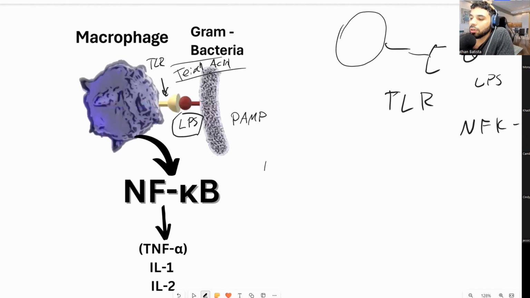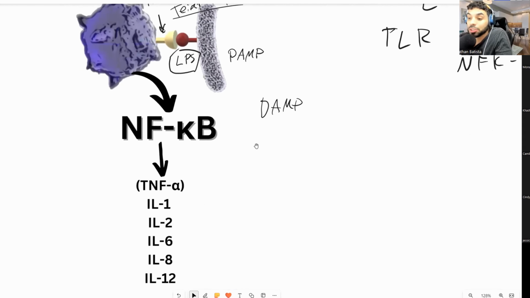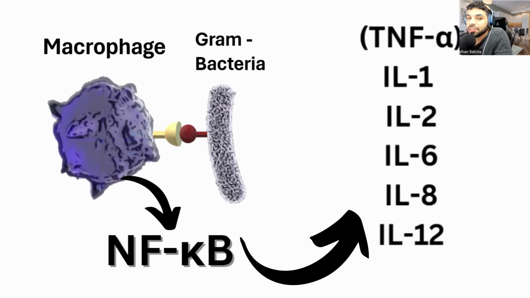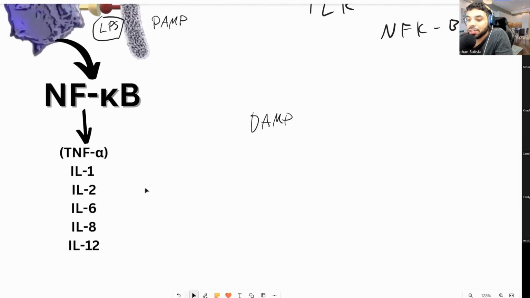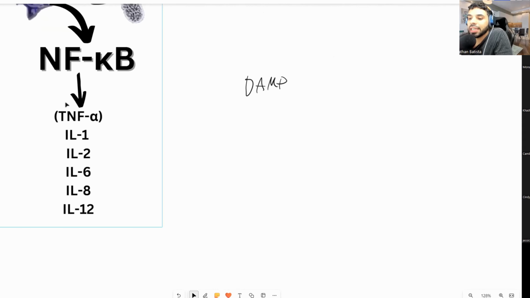But you can also have something called DAMP, damage-associated molecular pattern, which will engage an inflammatory response similar to this in order to produce a localized kind of inflammation. In the essence of sarcoidosis, you are basically able to have macrophages release NF-kappa B and then have this cascade of all these cytokines secreted.